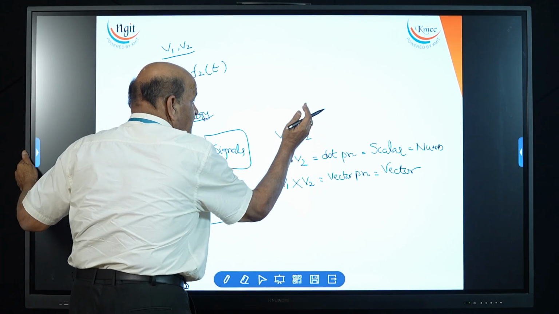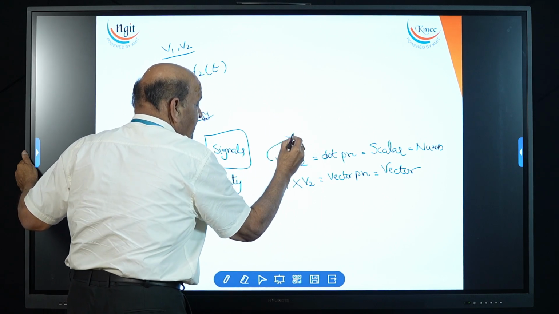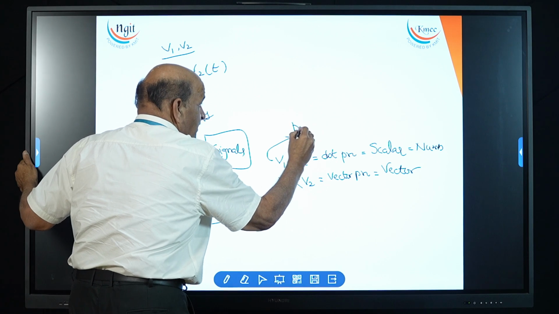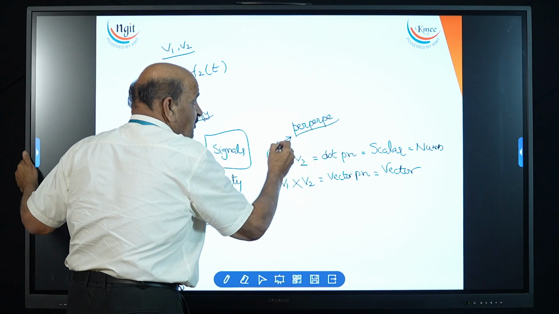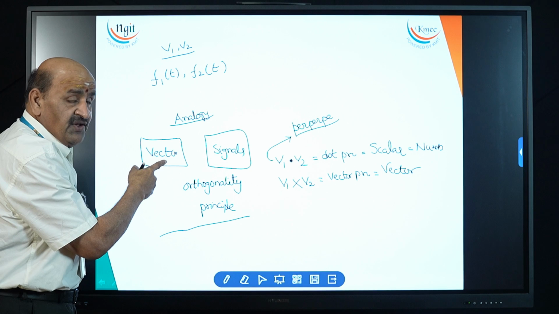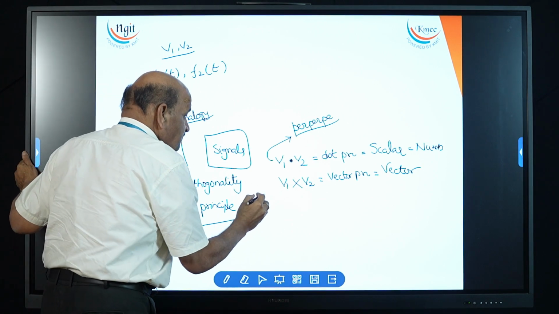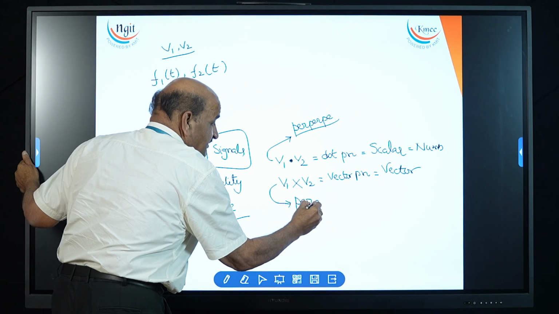This principle is used to verify whether vectors are perpendicular to each other. For perpendicularity, we use the dot product. The cross product is for parallelism, for parallel vectors.